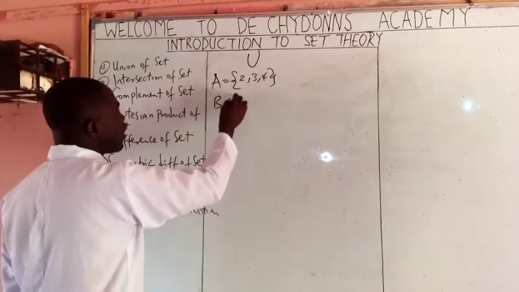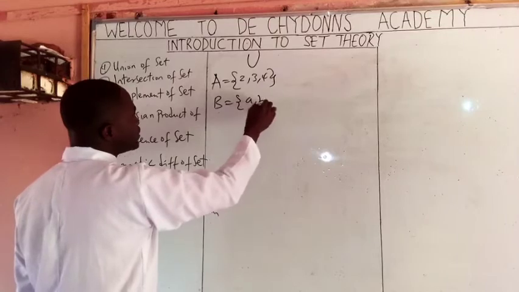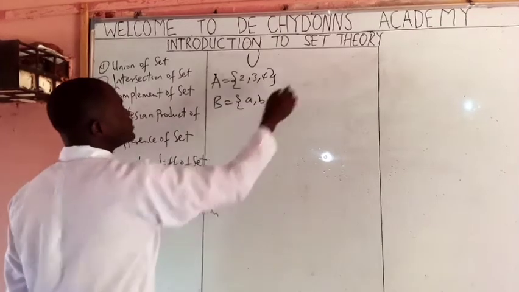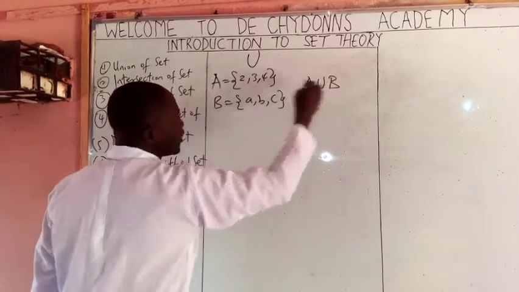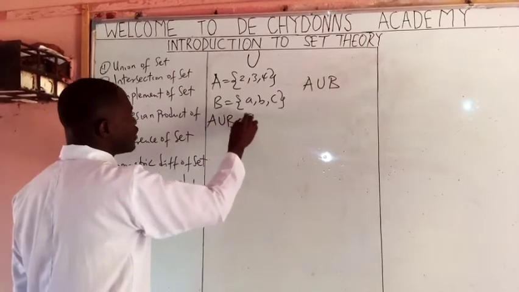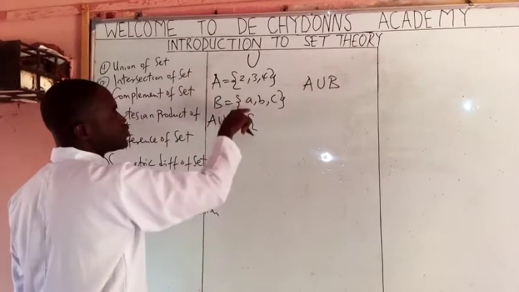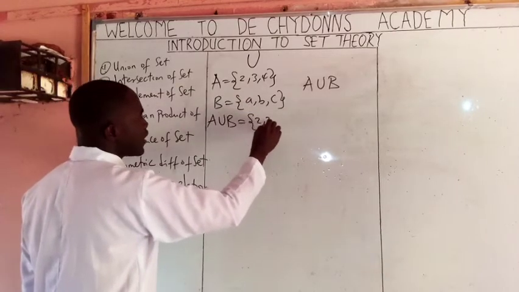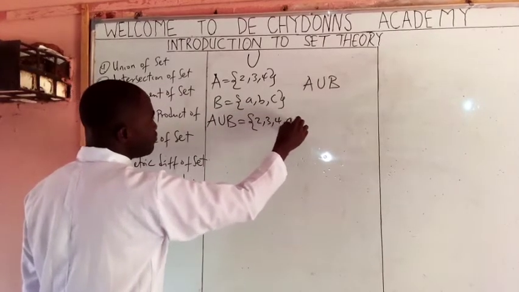Then set B equals a, b, c. And they say find A union B. A union B will be giving you what? Join the elements together. 2, 3, 4, a, b, c.